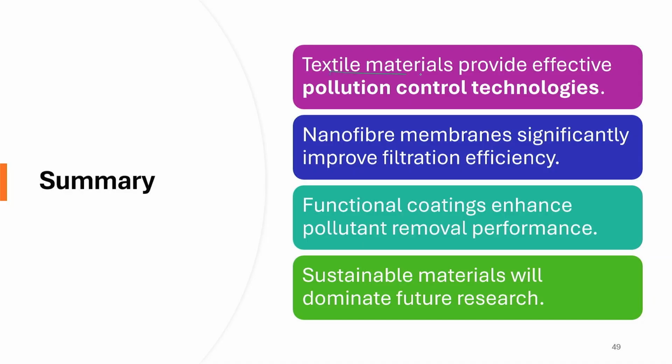Let us summarize what we have discussed here. Textile materials provide effective pollution control technologies for both air and water. In water treatment, textile filters play a great role, particularly nanofiber membranes, which significantly improve the filtration efficiency by reducing the pressure drop to a great extent.